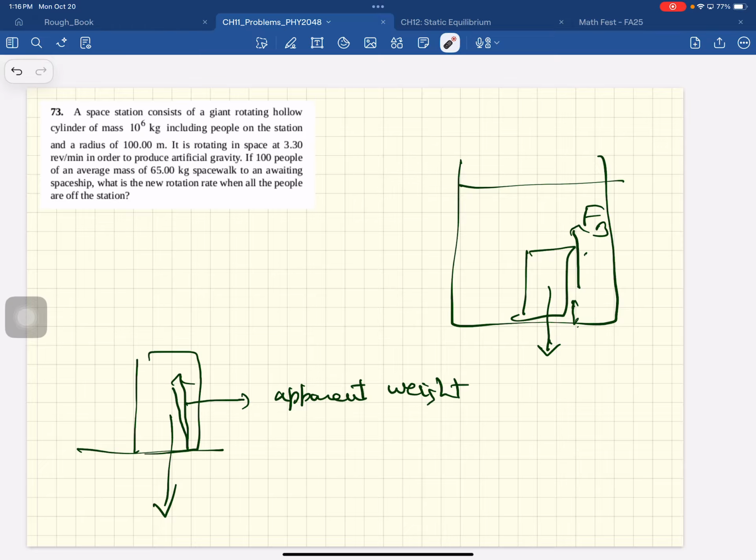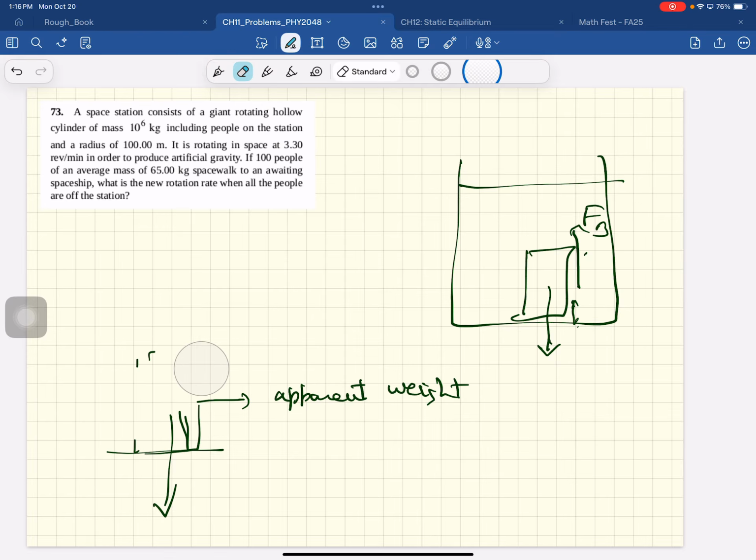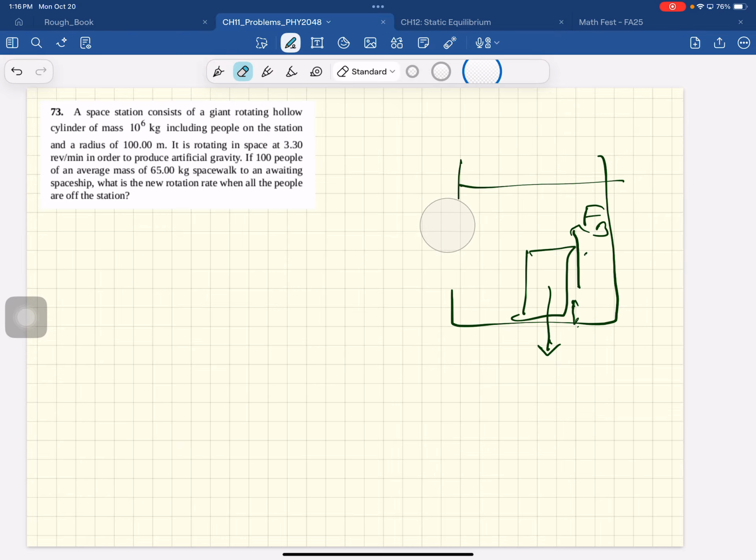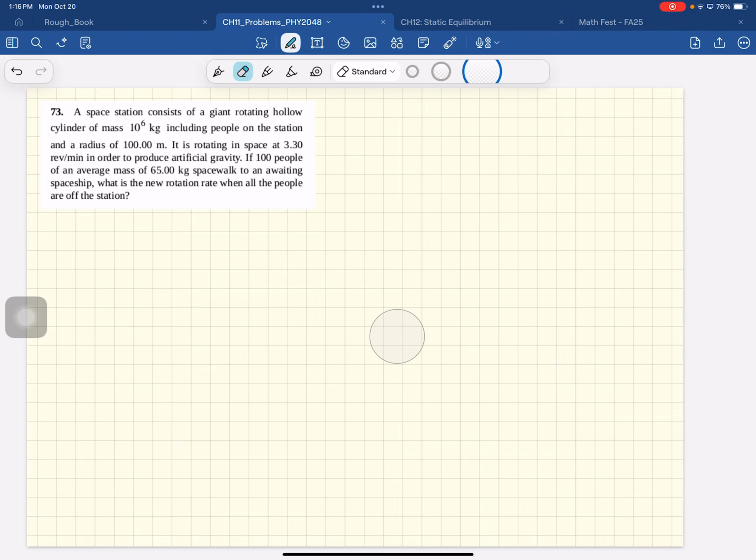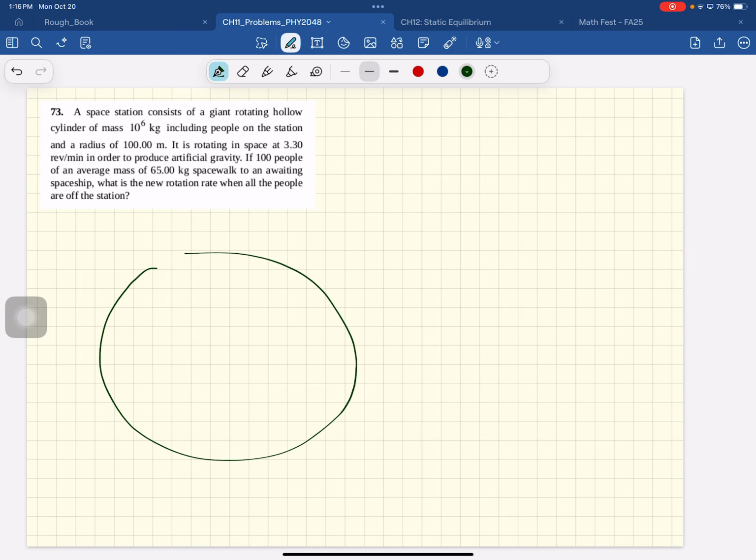So here's the deal with this space station. Do you guys remember what you have to do to make an object go in a circle at constant speed? Is it accelerating? Yes, it is accelerating.